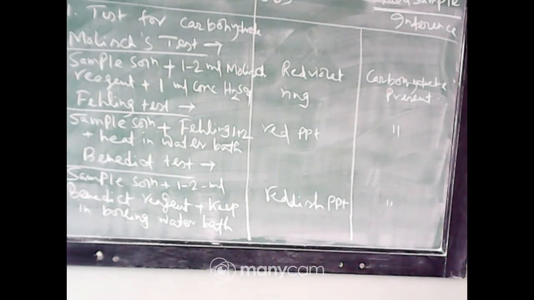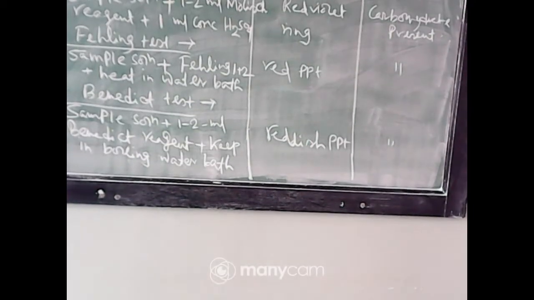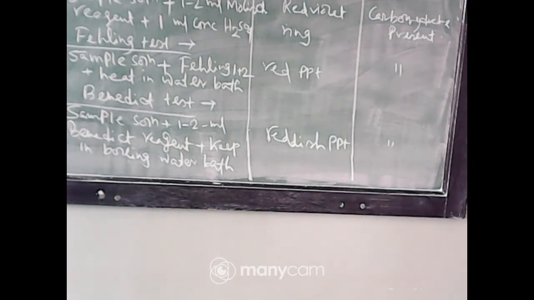These three tests you have to write if your foodstuff contains carbohydrate. When it is completed, inform me, then I will go for the test of protein. You have to write this in your lab file, or take a snapshot, it will be faster. Completed?